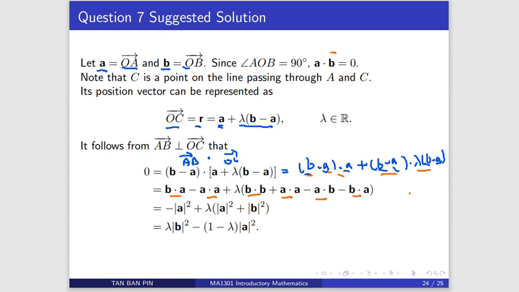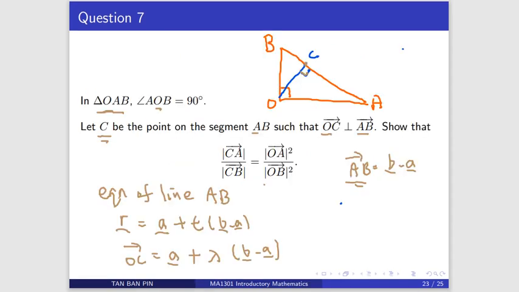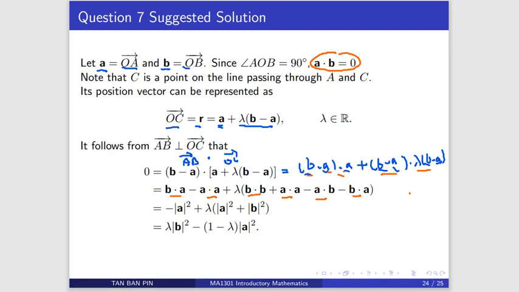And the question gives you a right angle triangle, so it means vector B and vector A, the dot product will be 0. Vectors A and B are at right angle. So with that, B dot A is 0, A dot B is 0.